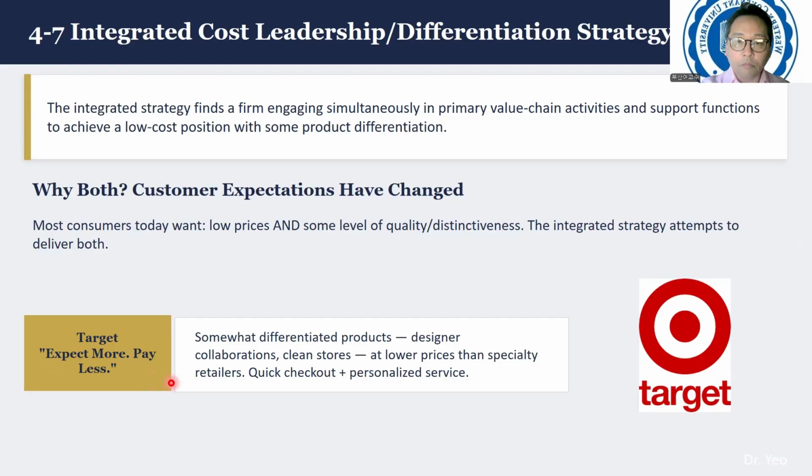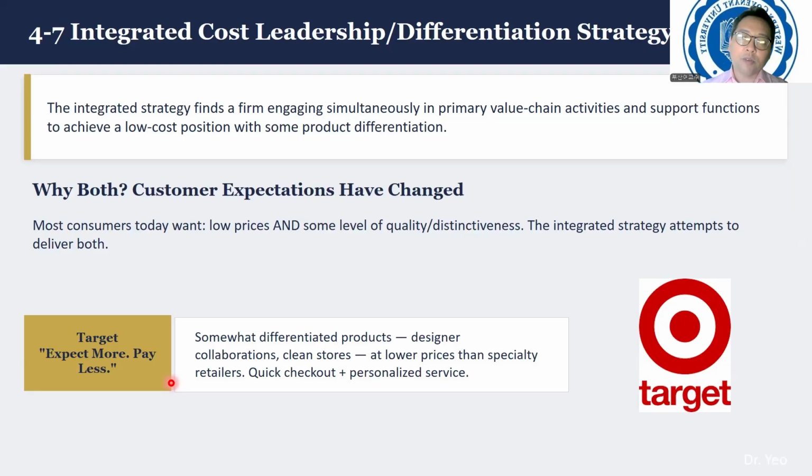The big question: students always ask, then isn't this the best strategy? Why not all companies just do both? It seems like it's the best strategy. That's a great question, and the answer is, it is actually the hardest strategy to execute successfully.